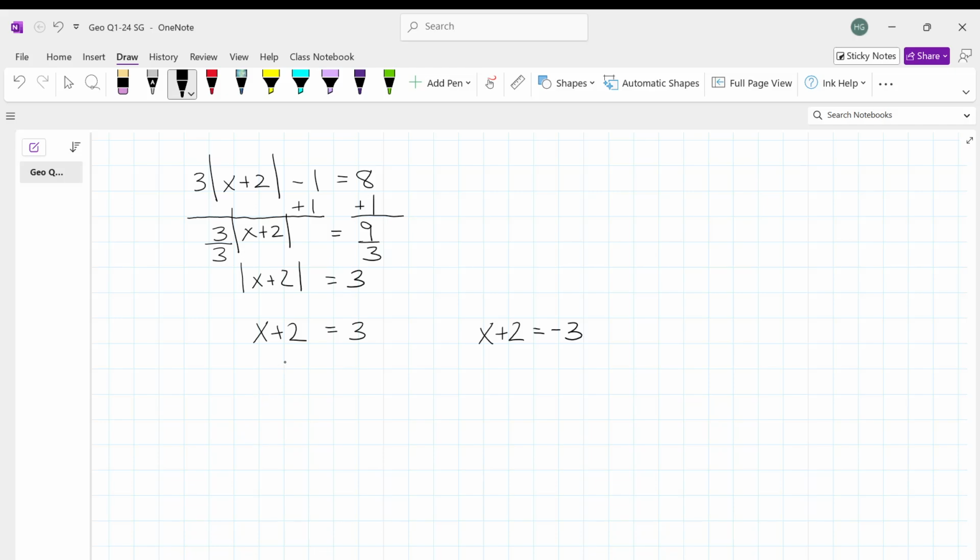Solve both equations. So we get an x that's equal to 1. And when we solve this second equation, subtract 2 from each side. And our x is equal to negative 5.